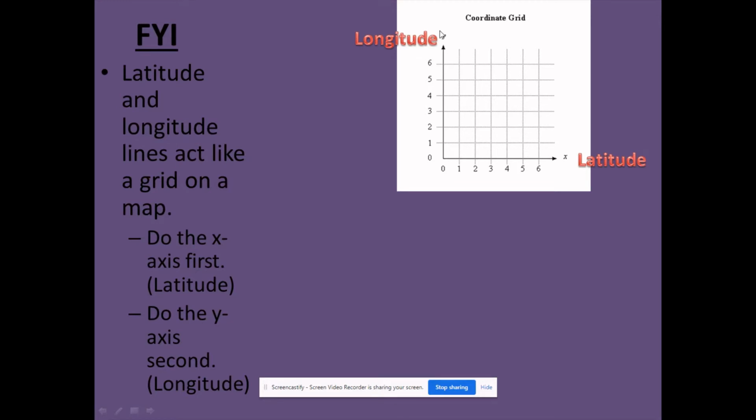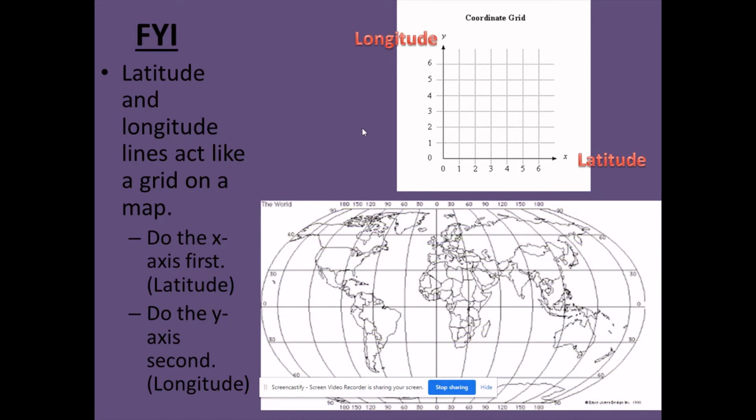And so they're the vertical lines. So if you're good at math, you might make this connection. And so here is a map, and you can see that you are going to do your latitude lines first. Okay. That's Alice in the background. And then you're going to do your longitude lines second. So maybe that will help you with reading latitude and longitude lines when you do absolute location.